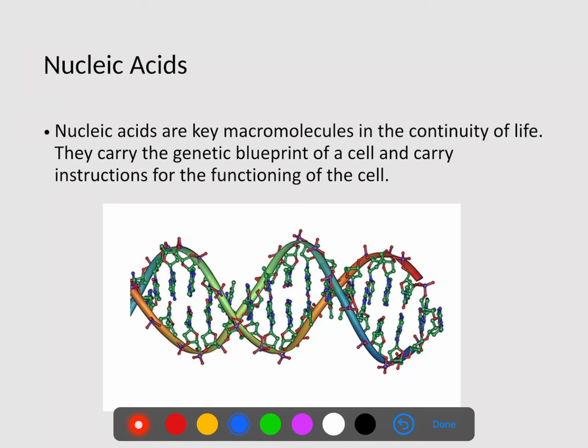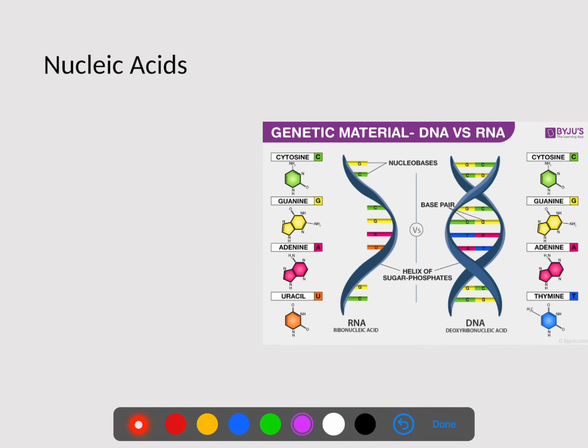Now, nucleic acids are the last macromolecule that we have, and they are key in the continuity of life. In other words, nucleic acids are what make our DNA and RNA, or another name for it is our genetic blueprint of the cell. And they carry all of these instructions for the cell to function properly.